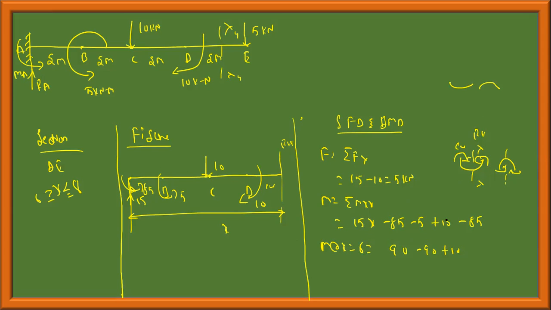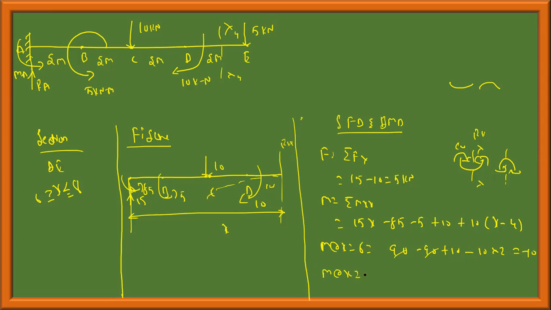If you take the minus 85 into consideration, at x equal to 6, 15x minus 85 minus 5 plus 10 plus 10 into x minus 4. Okay, this will be 10 into 2. This will be minus 10 into x minus 2. This is equal to minus 10.